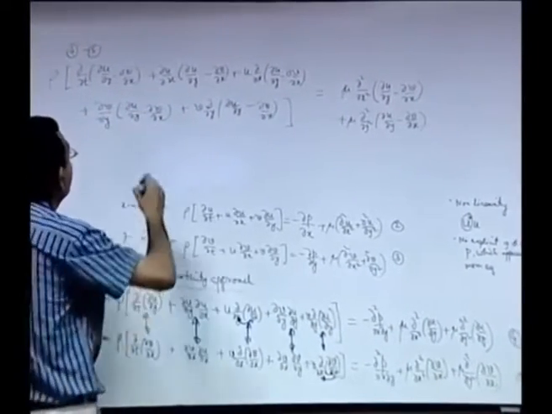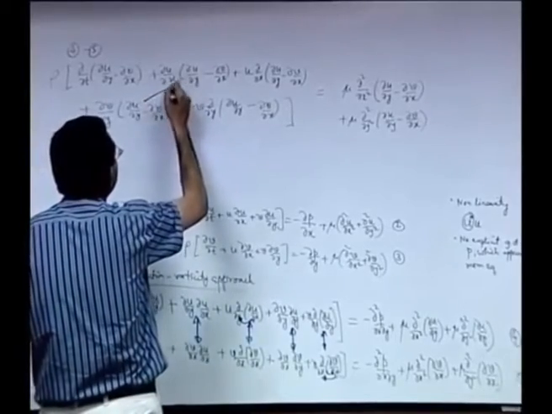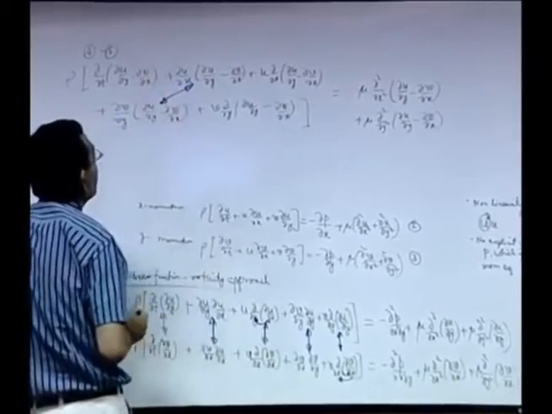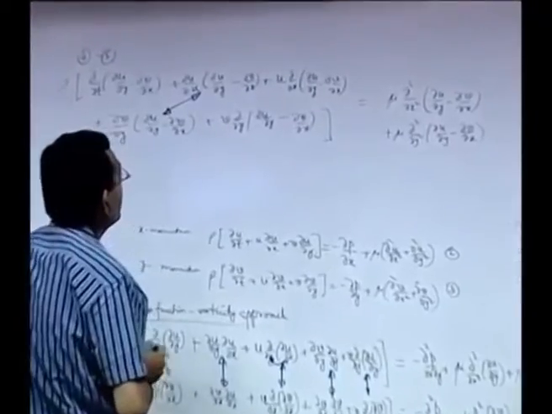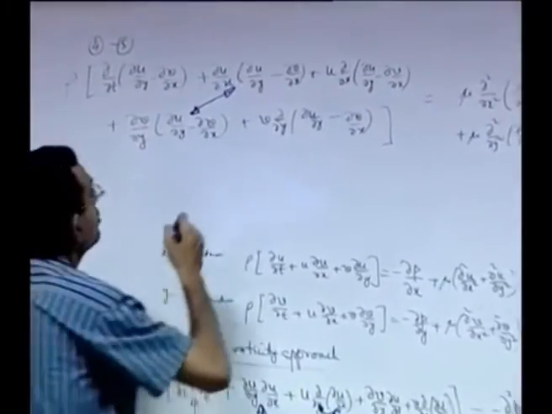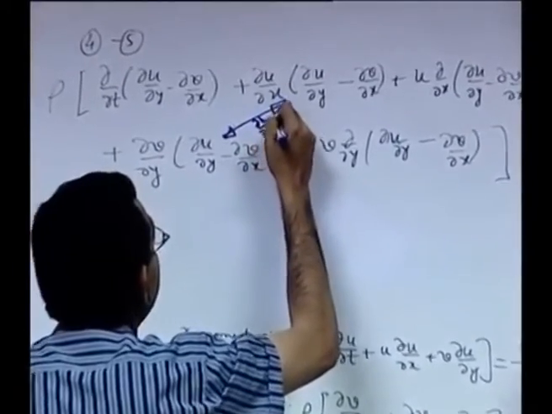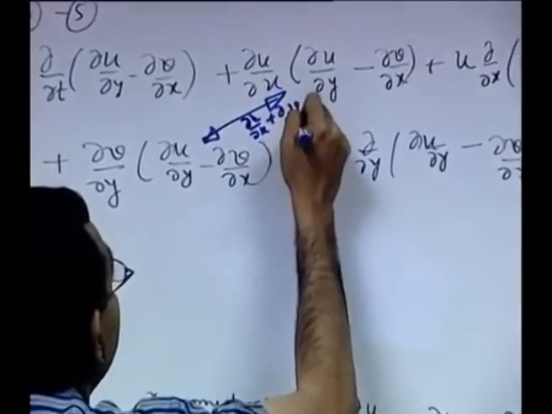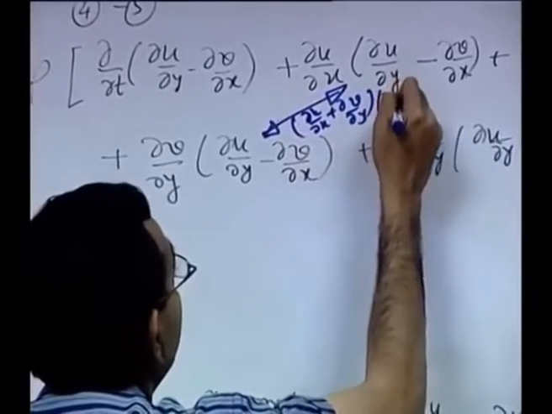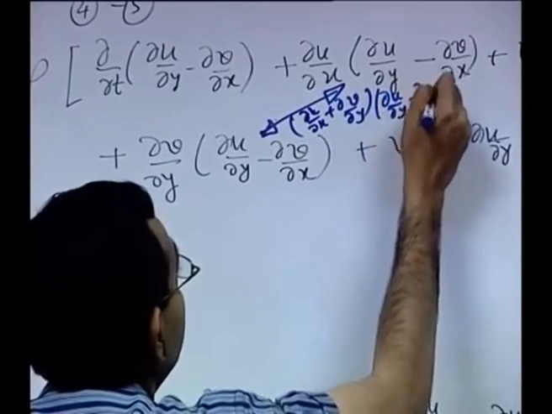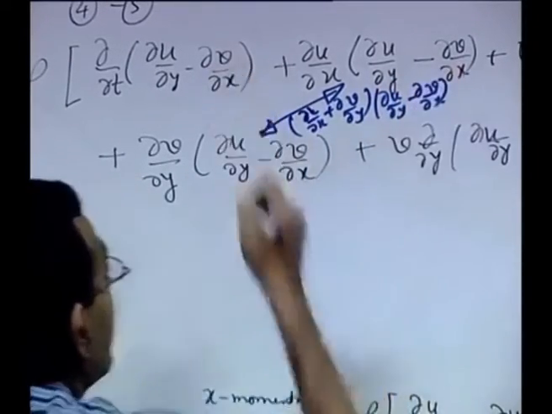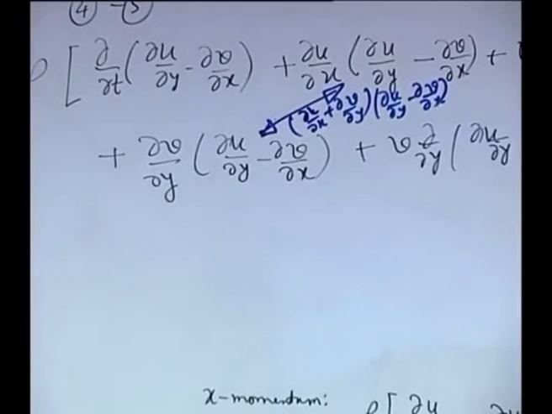Now, you can further simplify by combining these two terms. So, here del u del y minus del v del x is common. So, it will become del u del x plus del v del y into del u del y minus del v del x, and del u del x plus del v del y equal to 0 by continuity equation.